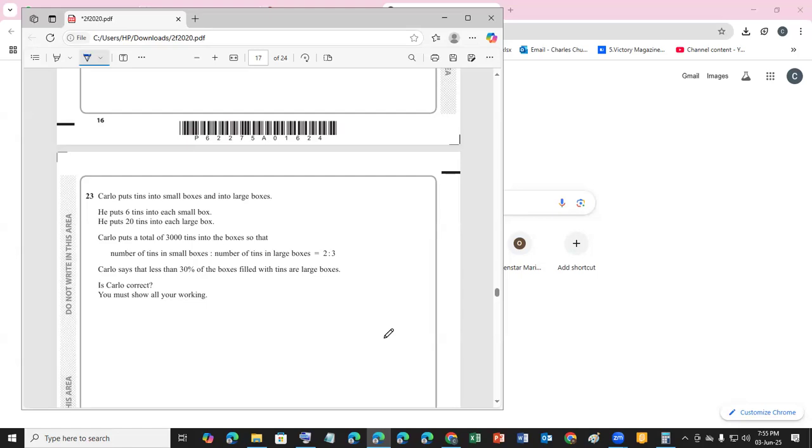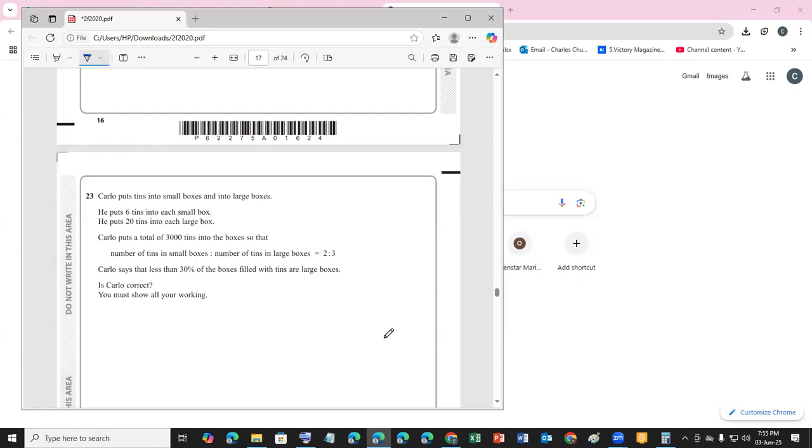Carlo says that less than 30% of the boxes filled with things are large boxes. Is Carlo correct? You must show all your working. It says less than 30%. For less than 30%, okay, let's see.